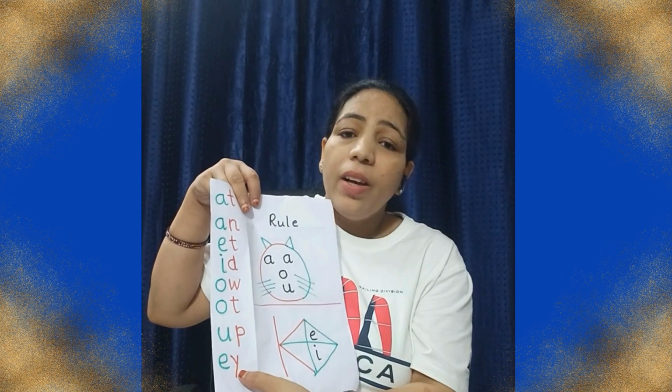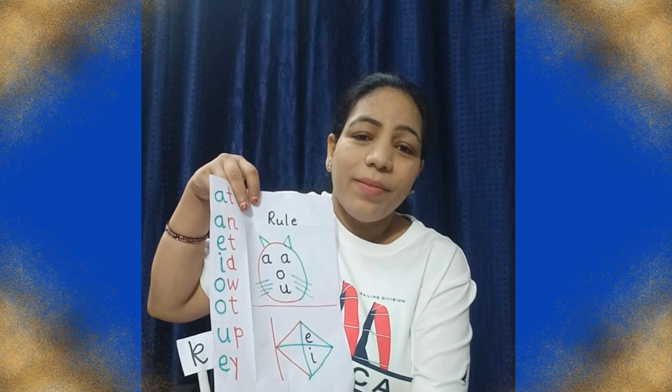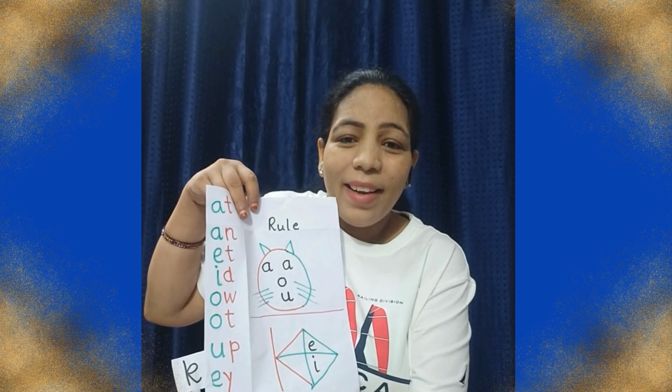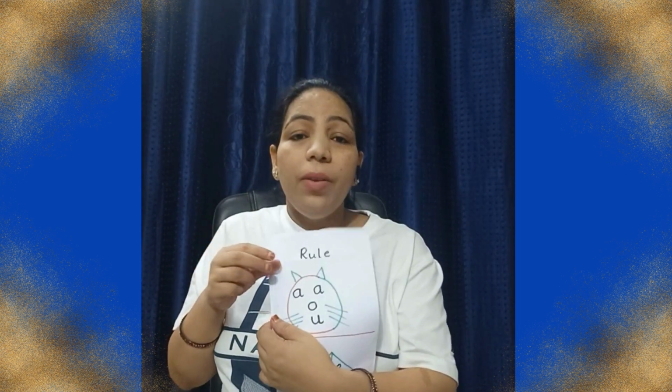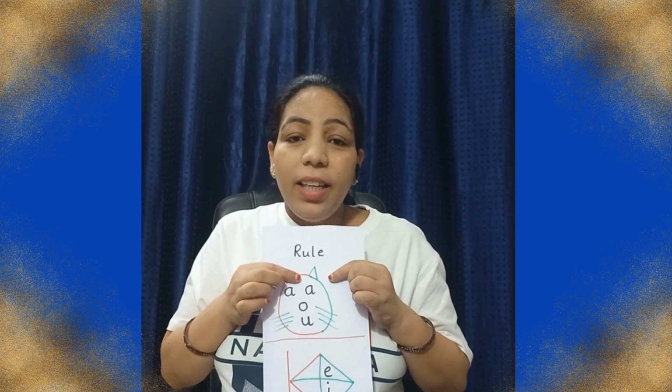A. Cup. What will we use? C. Here is E, Y. So, what will I use? K, E, Y, key. K-E-Y, key. Yes?